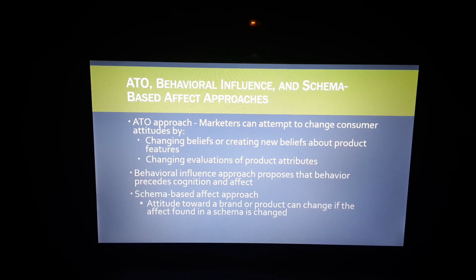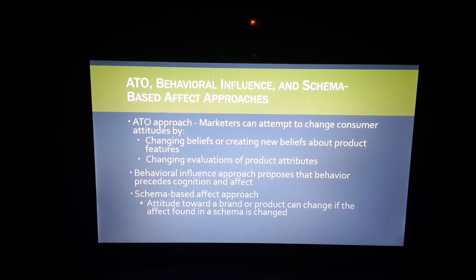The behavioral influence approach proposes that behavior precedes thought and affect, and the schema-based affect approach says that basically an attitude towards a brand can change if the schema, or the story or the narrative around the product, changes. So you change the attitude that people have about different types of grocery stores.